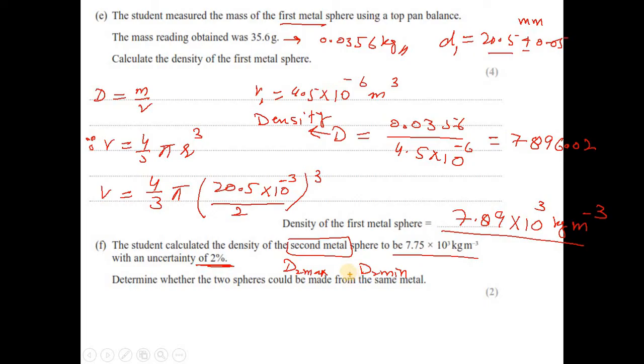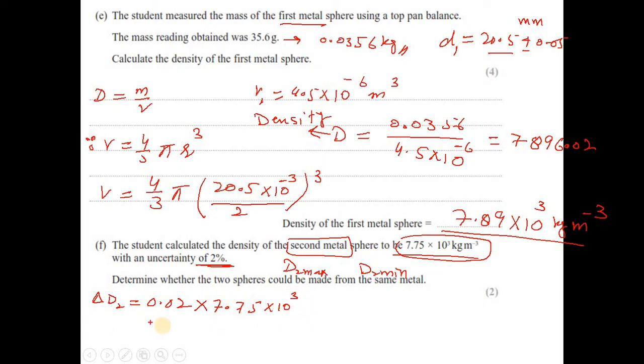So first we need to figure out how much uncertainty there is for the second metal if the uncertainty is 2%. I'm giving the symbol delta D2 for the uncertainty in the density of the second metal sphere, which you can find by multiplying 0.02, that is 2%, of 7.75 times 10 to the power 3.